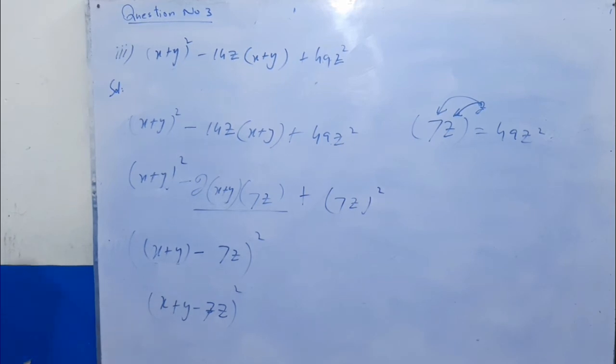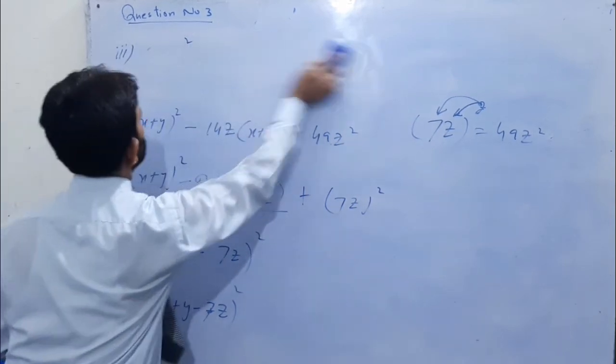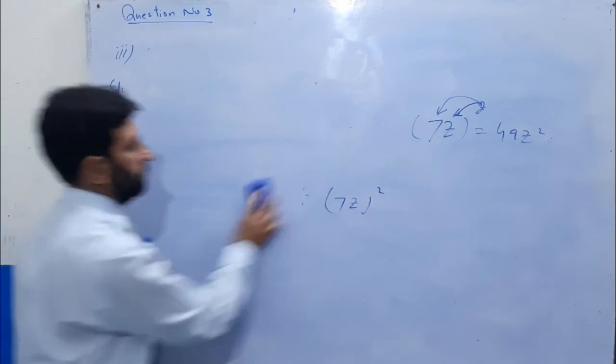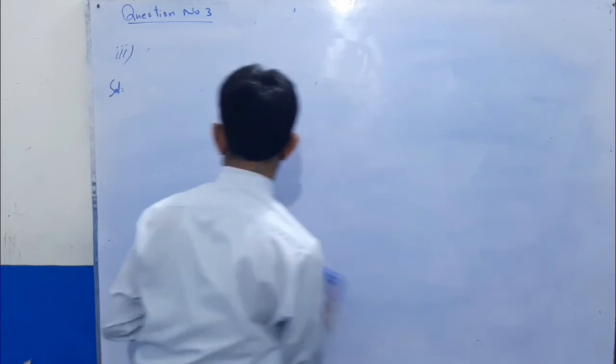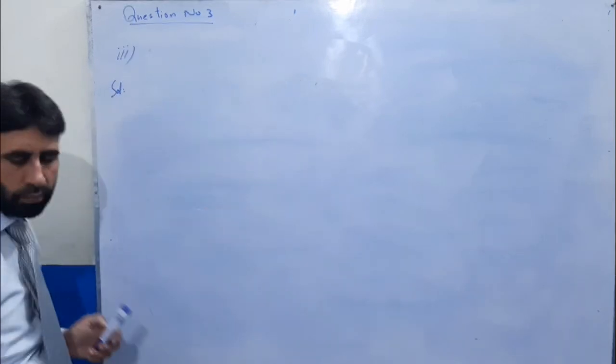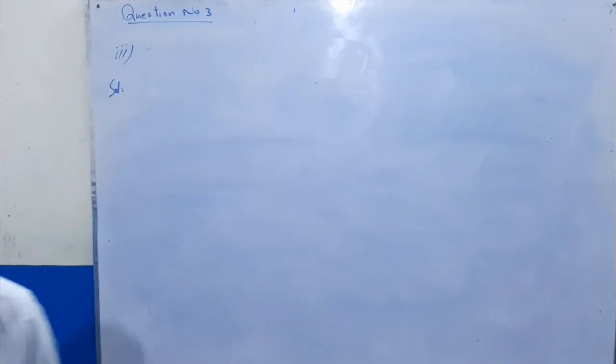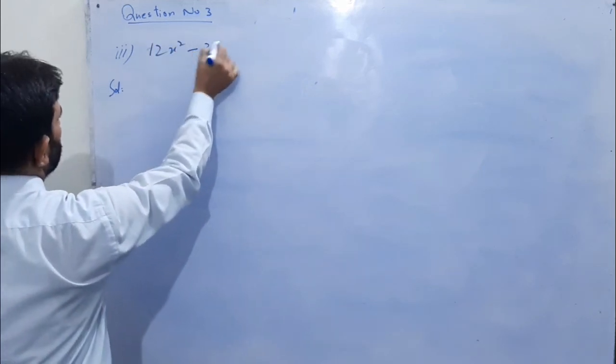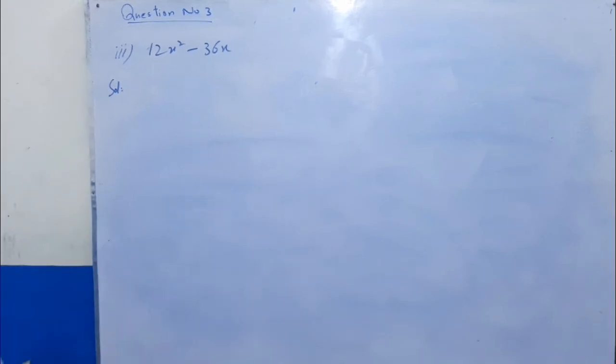Question number 3, last part. It's 12x square minus 36x plus 27.